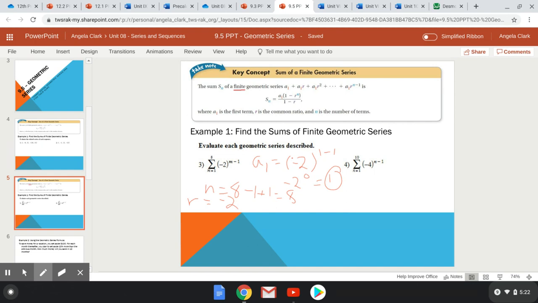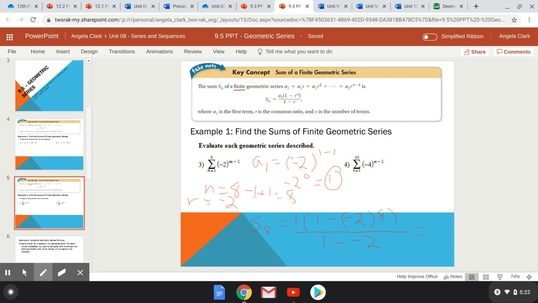So now we can use our formula. We have S8 equals 1, because that was our A1, times 1 minus negative 2 to the 8th power over 1 minus negative 2. R is not always negative.